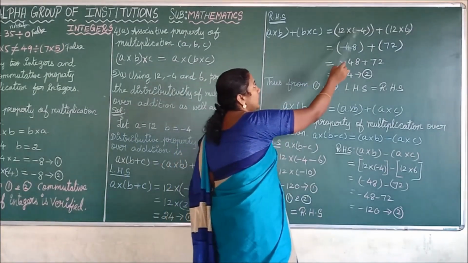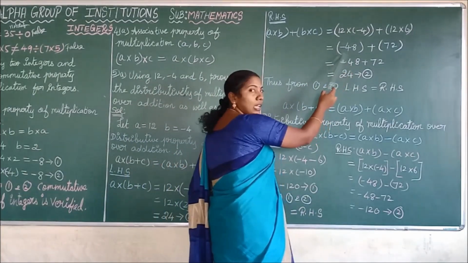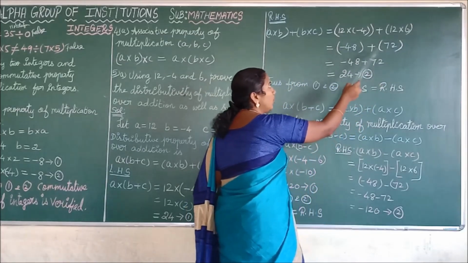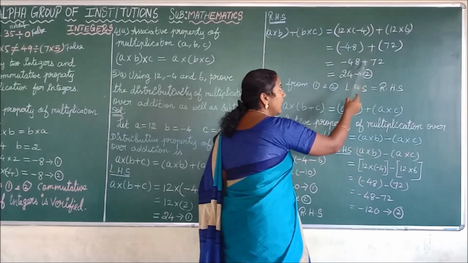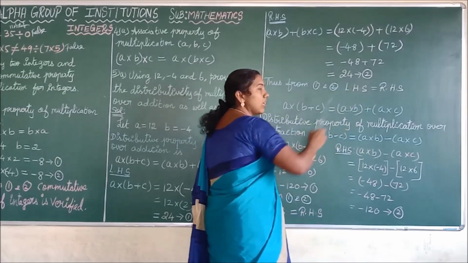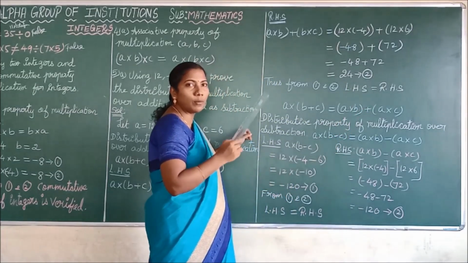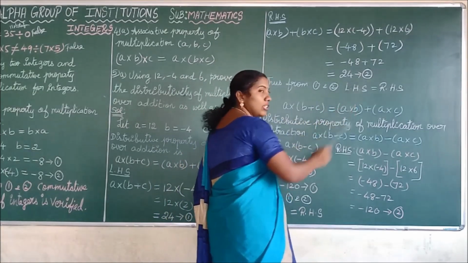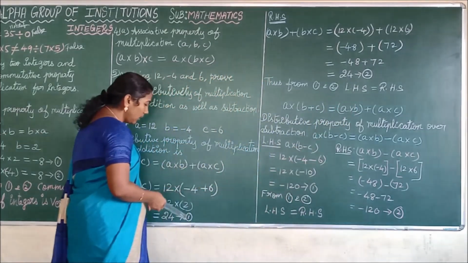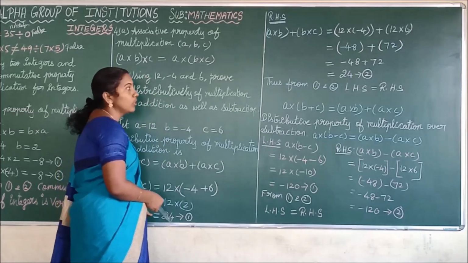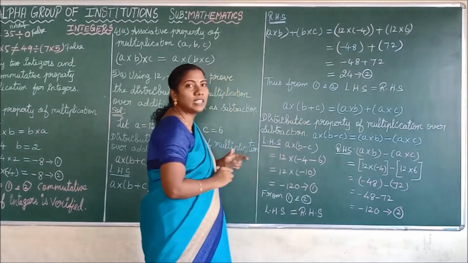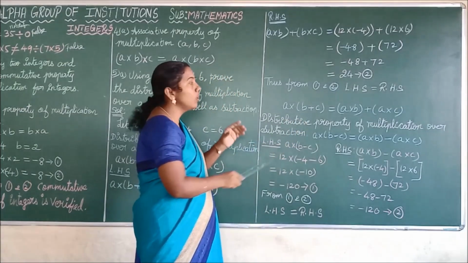Plus into minus is minus. 12 4s are 48, plus 12 6s are 72. Now we are going to remove the bracket: minus 48 plus 72. Two integers are of different signs. Subtract the smaller number from the bigger number, you get 24. Let it be the equation number 2. See the equation number 1, 24. Equation number 2, 24. Thus, from 1 and 2, we can easily see that LHS is equal to RHS.